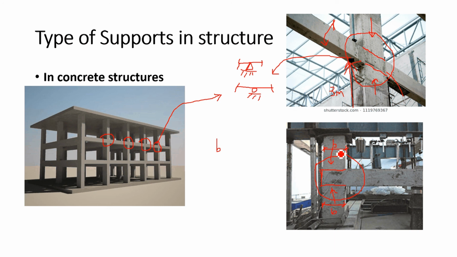If it is different, for example B1, B2, then what you have to select as B is the minimum of B1 and B2. Then you take the depth of the beam here, let me call that H.